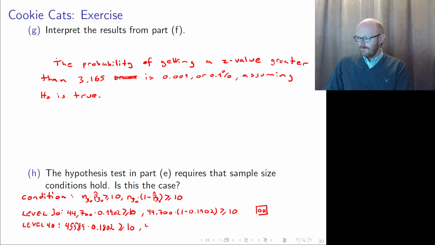And likewise, the sample size times the sample probability of a miss, 1 minus 0.1802, is greater than 10. So you see that the sample sizes are okay. So see you next time.